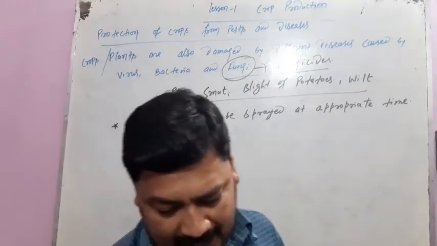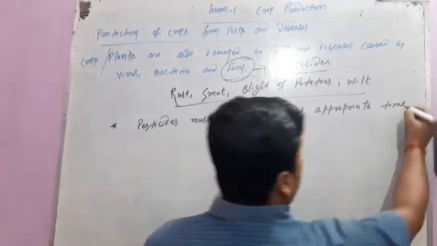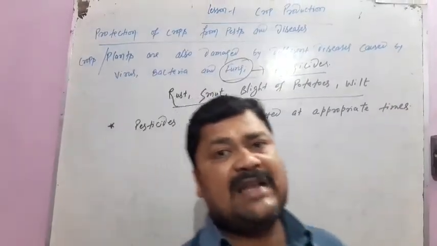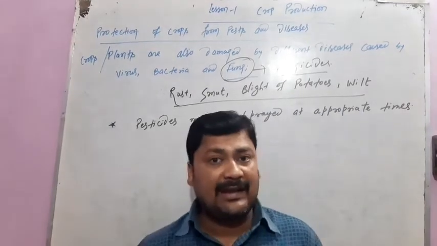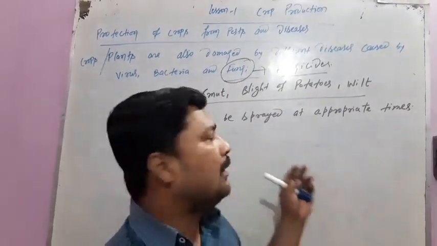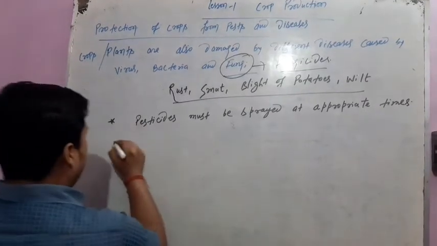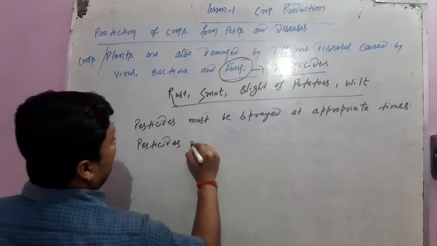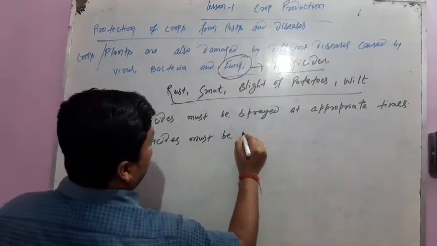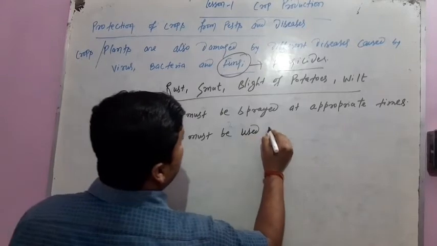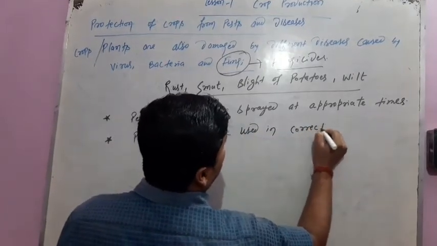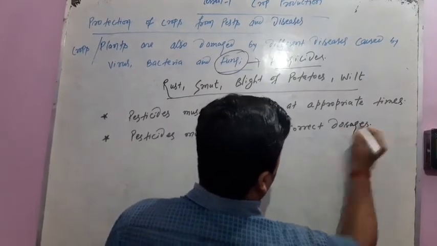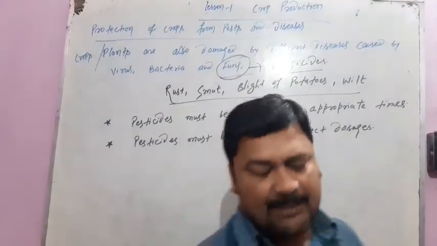They must be used at the appropriate time, or times. And the second thing is that pesticides must be used in the correct dose. If we take too much dose, then it also harms our crops. These two things we have to keep in mind.